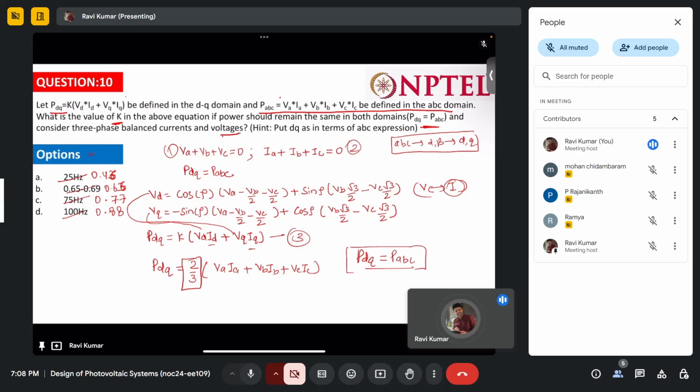So this factor is only this value of K. Even if you don't want to do all the things like this, we also know that in the coordinate system, a value of 1 in one coordinate system corresponds to 2/3 of the other coordinate system.